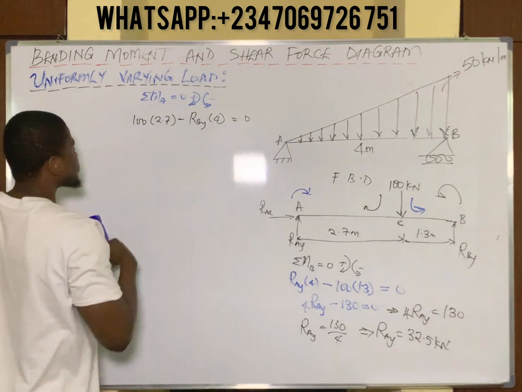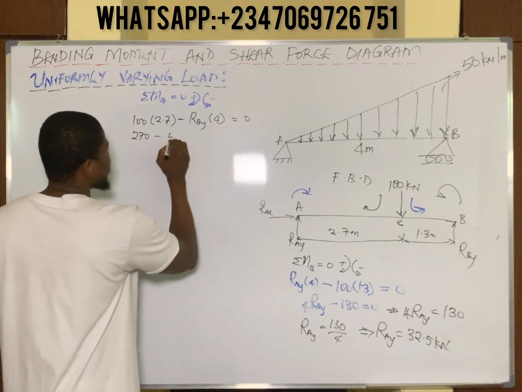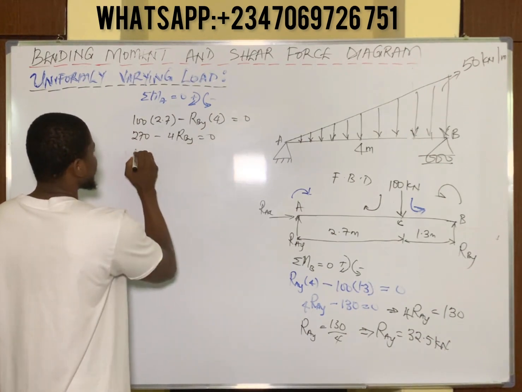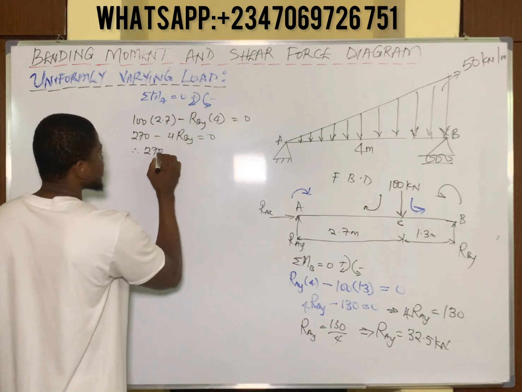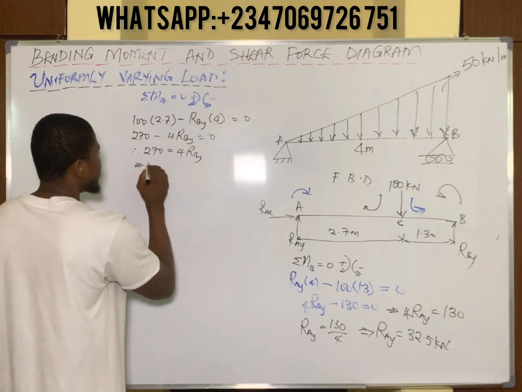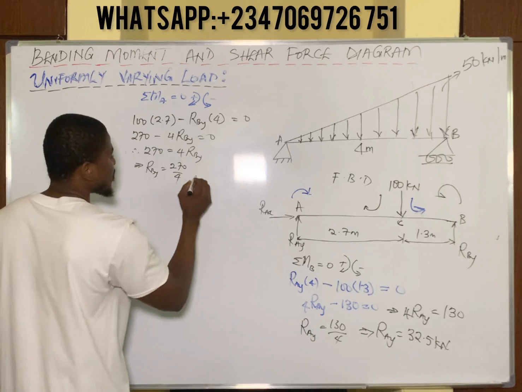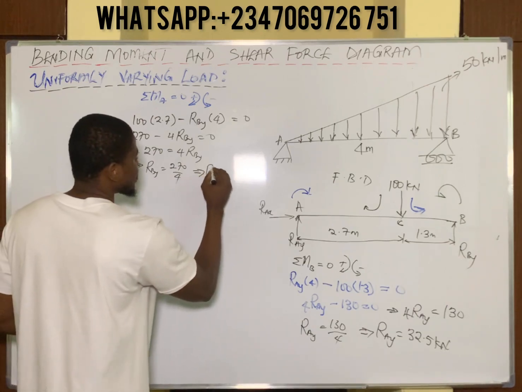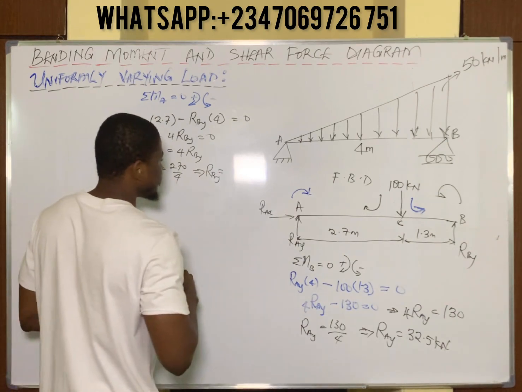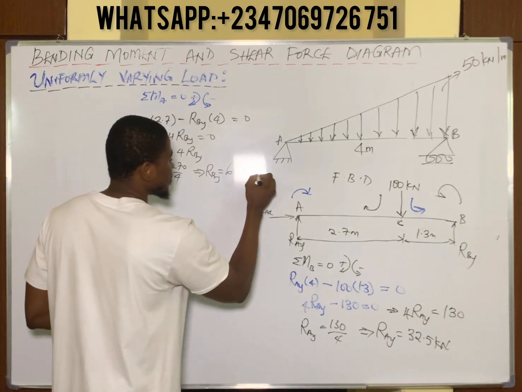So 100 times 2.7 gives us 270 minus 4 RBY equals 0. So from here you can have that 270 is equal to 4 RBY, and therefore RBY becomes 270 divided by 4, which implies that the reaction at point B is going to be approximately 67.5 kilonewtons.